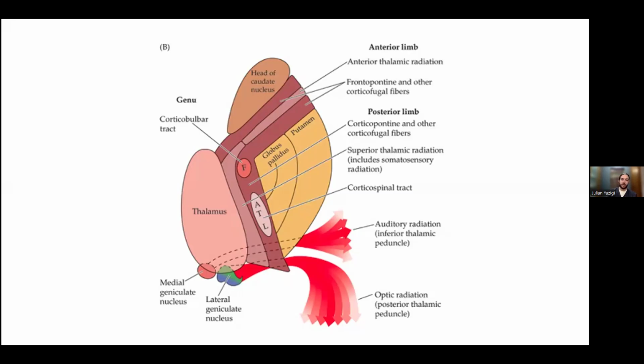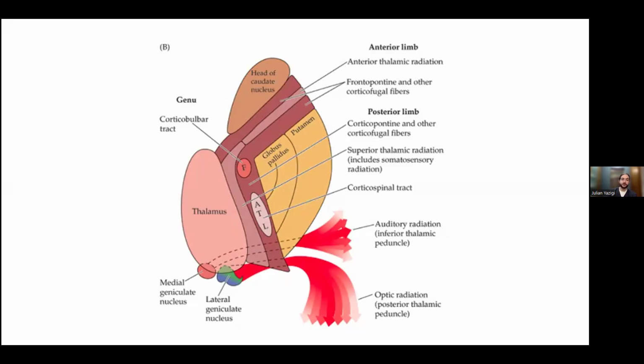And we move even further down to the posterior limb, which lies between the thalamus medially and the lentiform nucleus laterally. It contains descending corticospinal fibers, which are somatotopically organized with face anterior, then arm, then trunk, and leg more posteriorly, with some individual variability, of course, but strong clinical reliability.